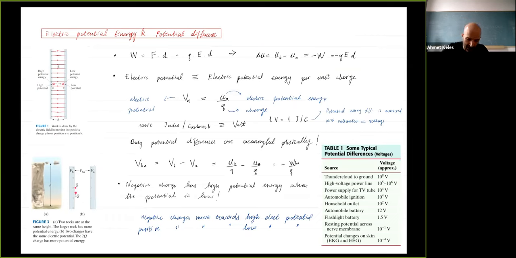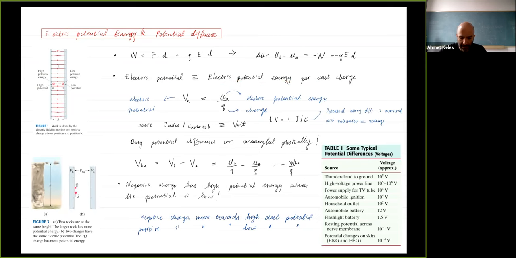Now I want to introduce something called electric potential. The problem with this kind of expression is that there's a charge here, right? And we don't want to deal with these charges, so we want to be able to determine an electric field and its potential by just looking at the field. To eliminate the charge, we introduce electric potential, and it is defined as electric potential energy per unit charge, similar to electric field.